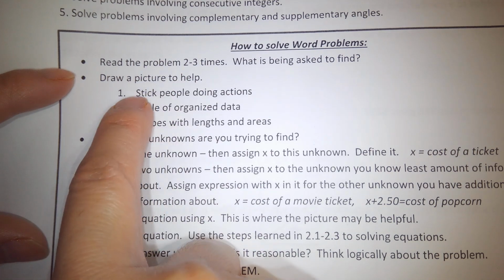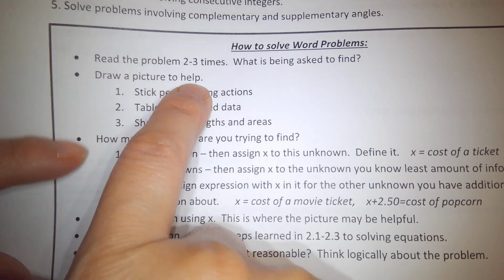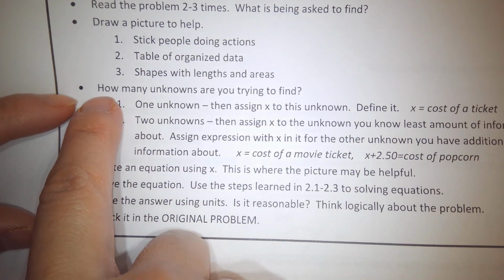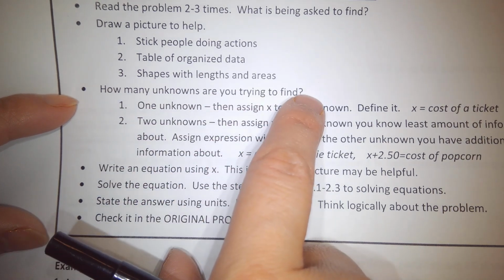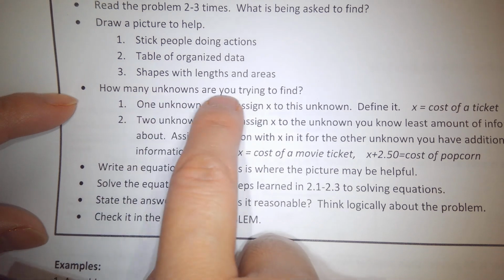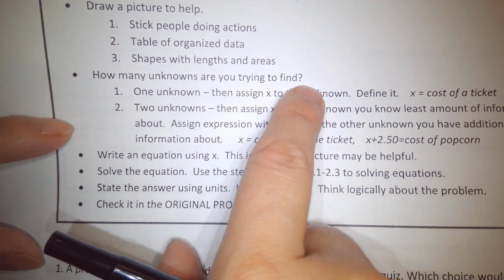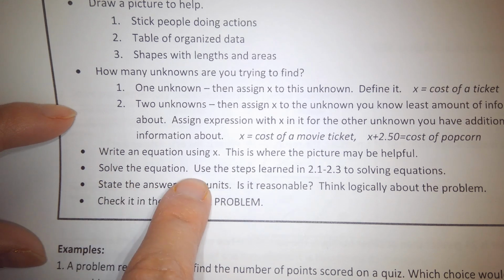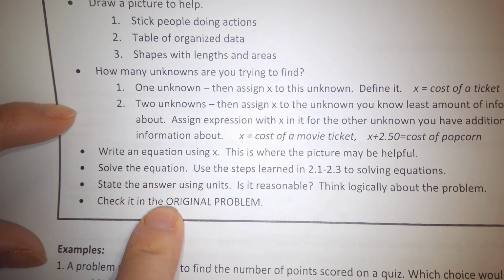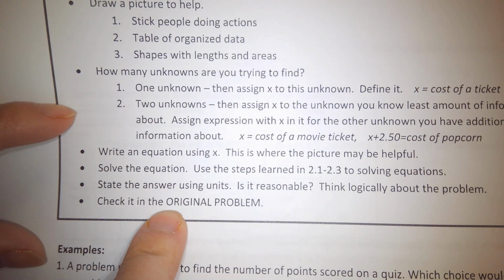Draw a picture if possible. And then figure out how many unknowns we are trying to find. Then use the equation involving x, solve the equation, and then what? Double check, okay?